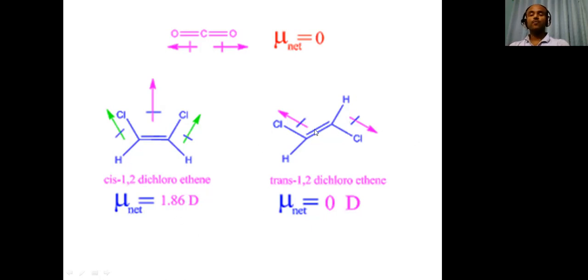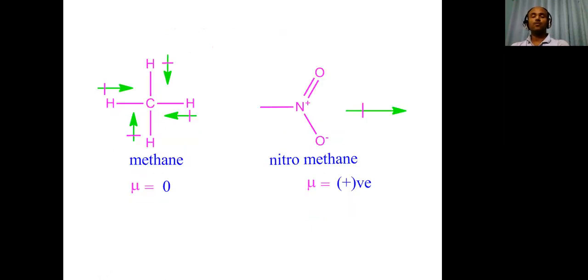Again, if dipoles are oriented exactly opposite to each other, then we observe 0 value, and non-zero value if they are not exactly opposite to each other. So in this way, dipole moment is used to distinguish between ortho, meta and para dichlorobenzene, as well as to explain cis and trans isomerism, linear and non-linear molecules.